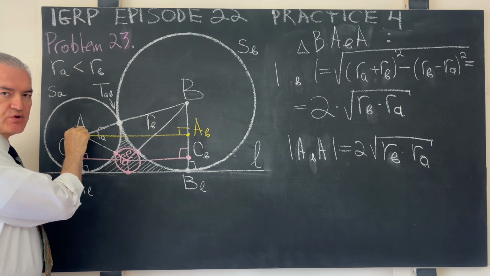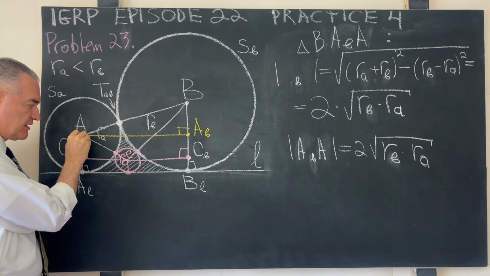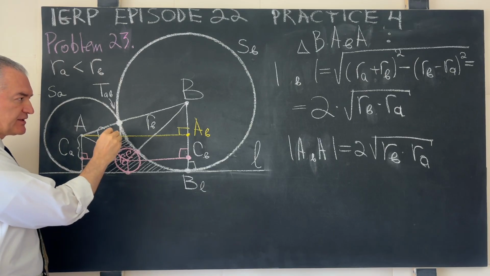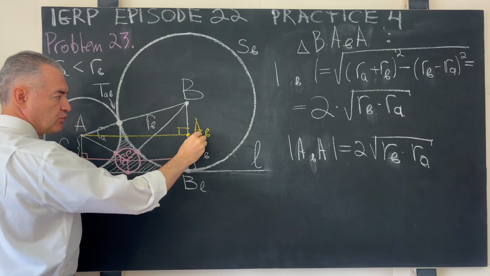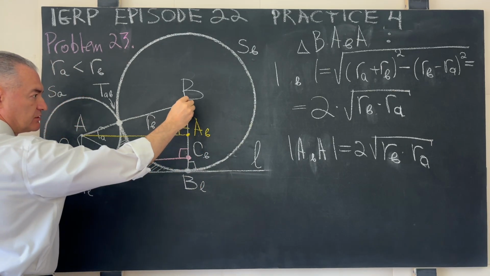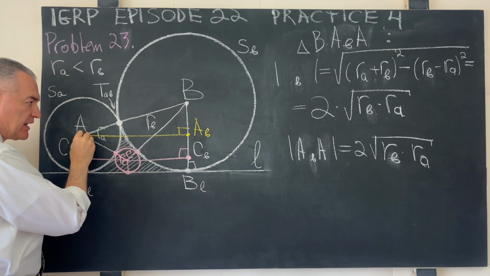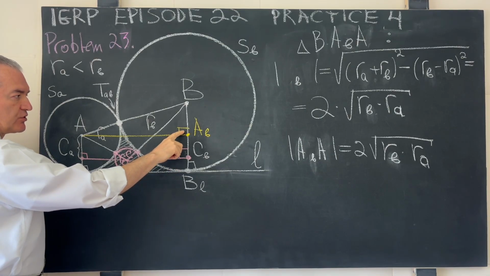Likewise, the situation with the circles SA and SB is exactly the same as before. Structurally, it is the same. That is, if we project the point A, the center of the smaller circle SA, onto the line segment BBL, into the point AB, then the triangle BABA will be right at the vertex AB.